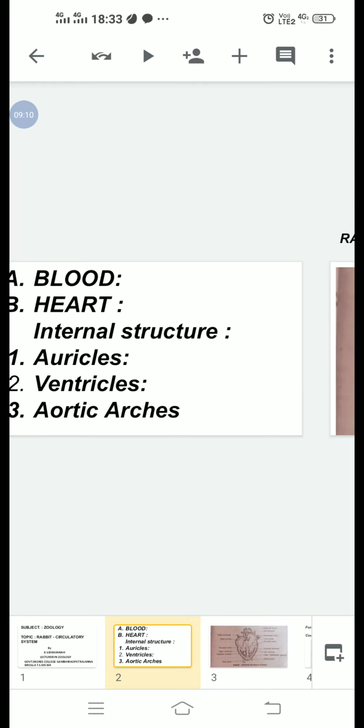The right auricle is larger than the left auricle.